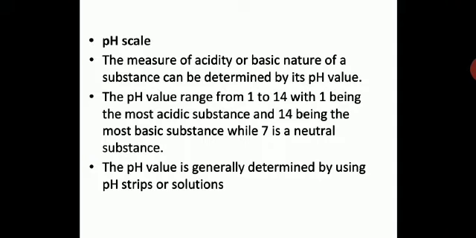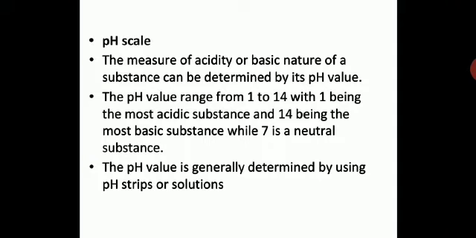And 14 being the most basic substance. When you move ahead from 7 to 14, the basic nature of the substance will increase. Suppose you have a substance with pH 8 and a substance with pH 9. So the substance with pH 9 will be more basic than the substance with pH 8. So you just have to take a scale from 1 to 14 and the middle value 7.